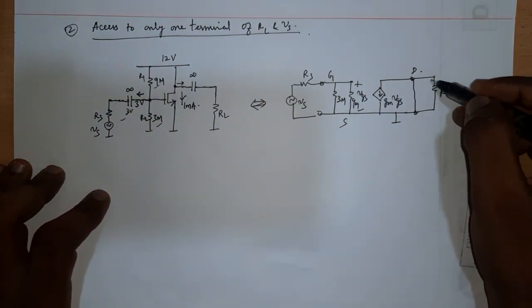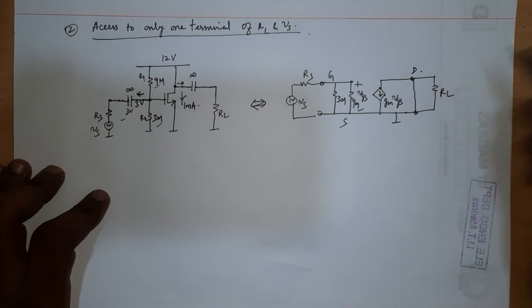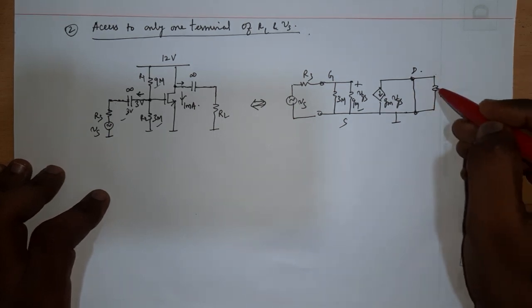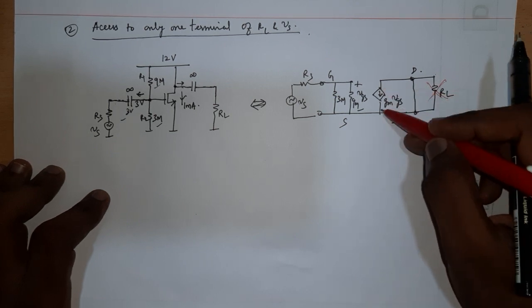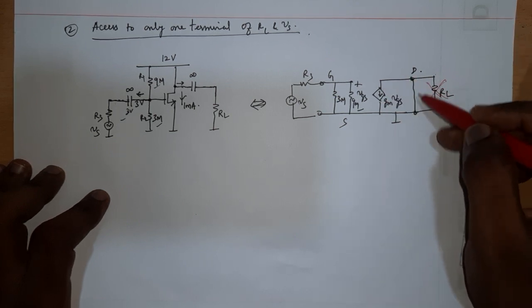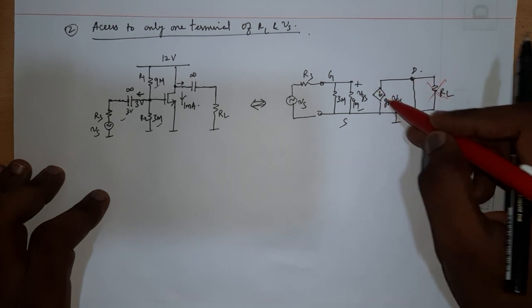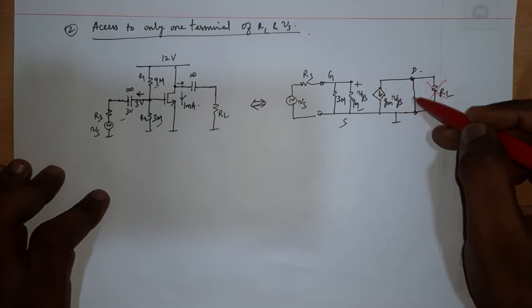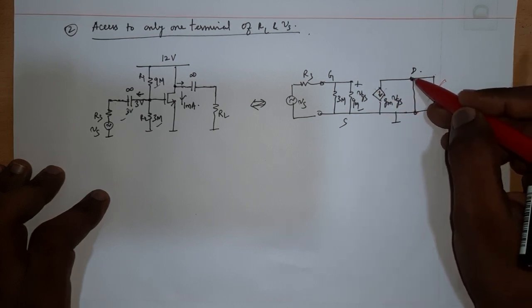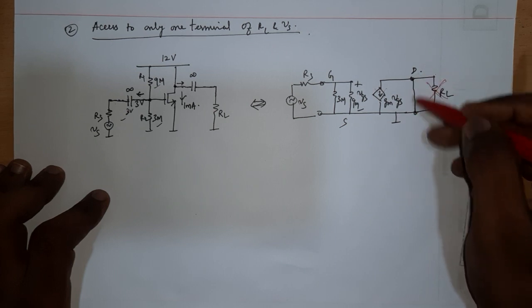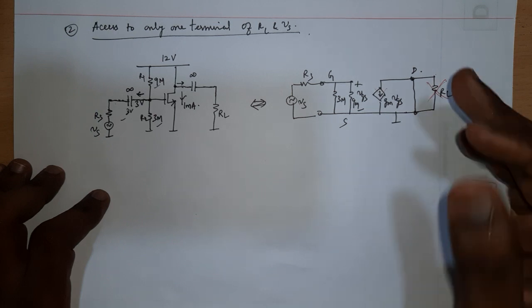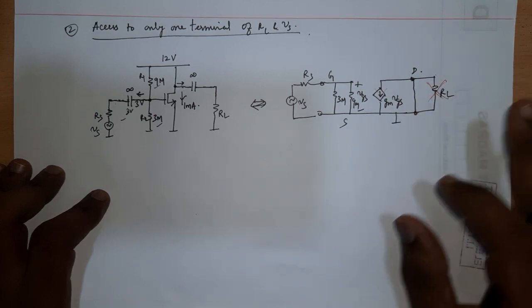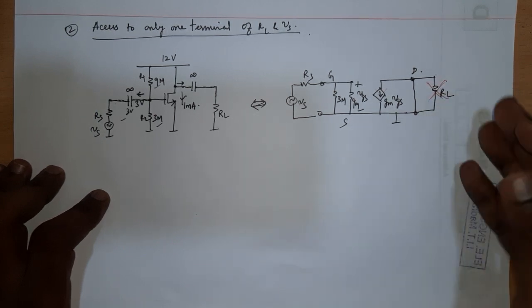If you have a short and you connect anything across it, it is as good as not connecting it. So it's like this node is not there at all, and you have a current that you are wasting, it's going to ground. This is actually shorted, so there will be no voltage across it. Drain is connected to ground, so there will be no output voltage in the signal picture, which is something you do not desire at all. You want some output voltage.